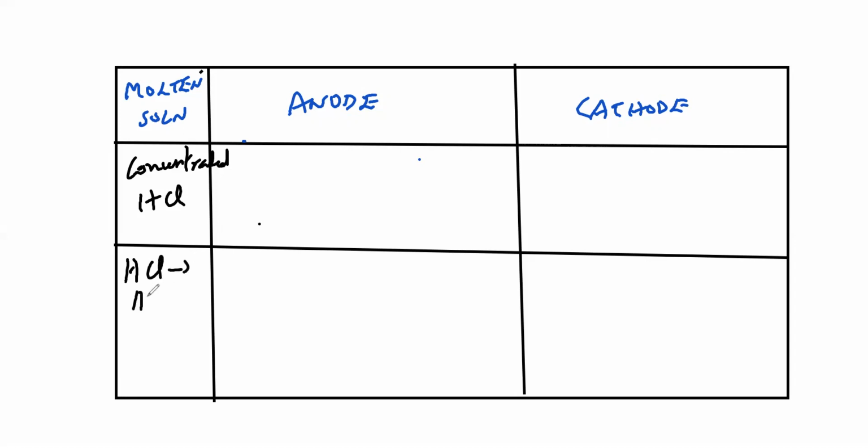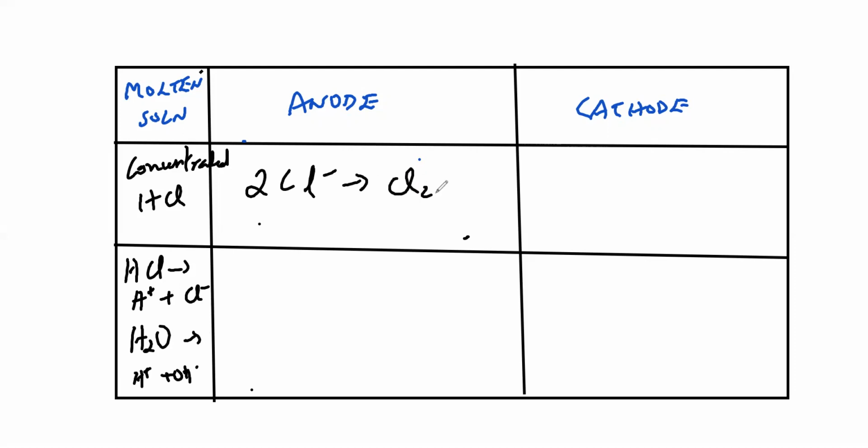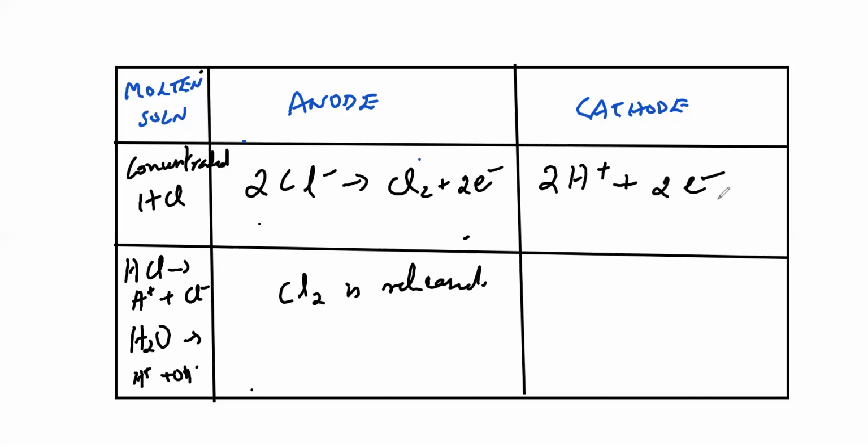HCl will give H plus and Cl minus, and in water I'll get H plus and OH minus. In the anode, what will happen? Same thing: 2Cl minus gives Cl2 plus 2e minus. Chlorine gas is released. At the cathode, 2H plus plus 2e minus will give hydrogen. So here also hydrogen gas is released.